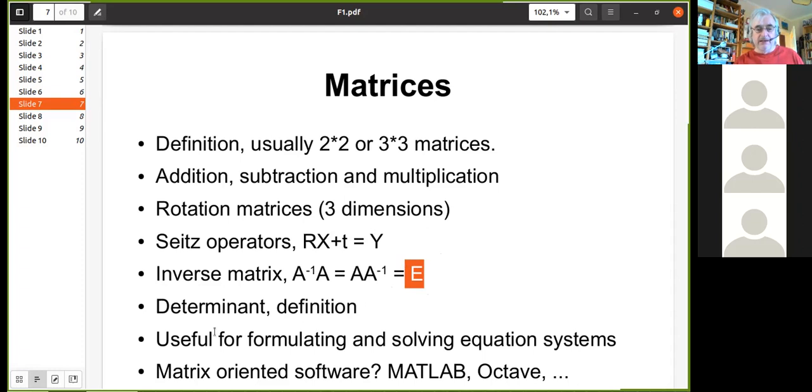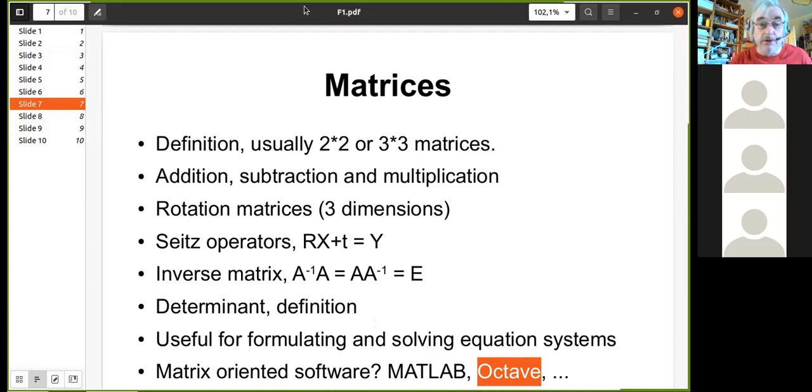It's quite convenient to formulate and solve equation systems, because then you could, for example, use some software, MATLAB or Octave, essentially equal. If you have MATLAB installed on your computer, then there's no reason not to use that one. But if you don't, and if you want a simpler system than MATLAB without any license requirements, then I recommend Octave.